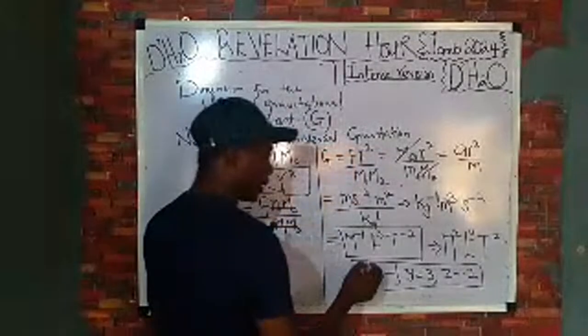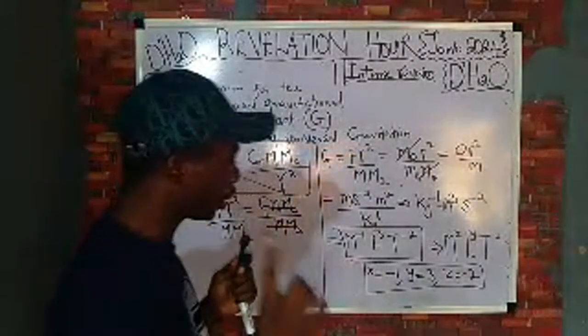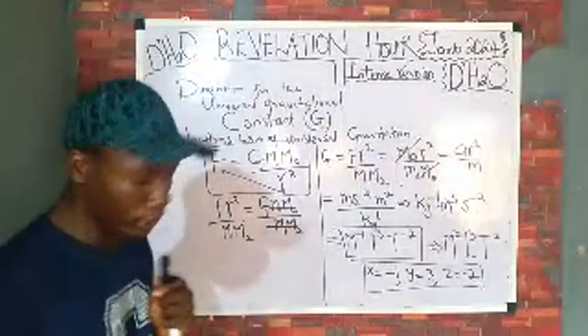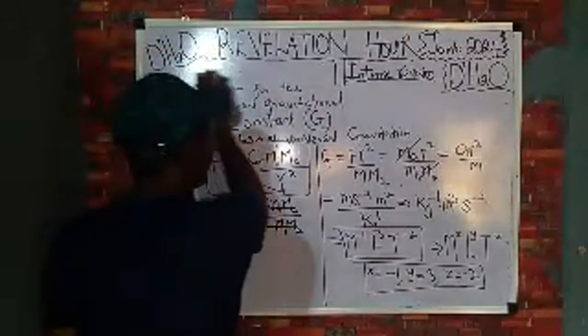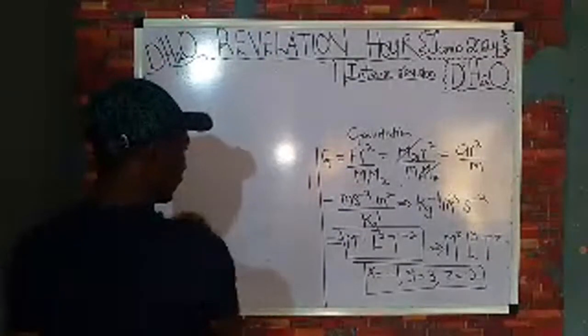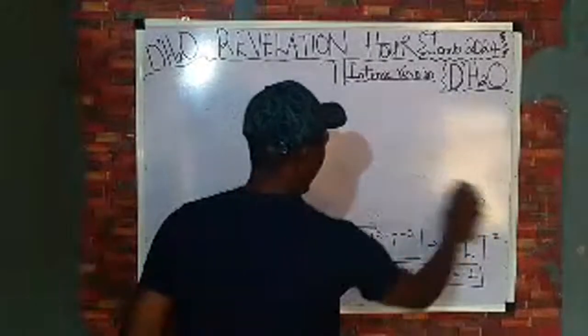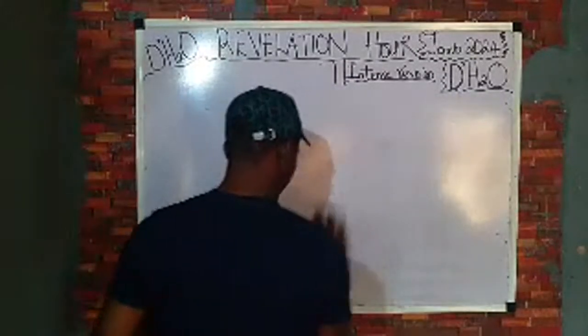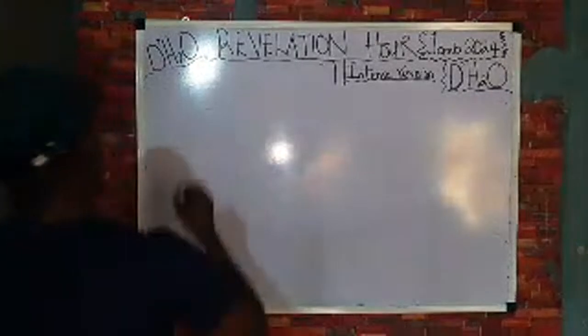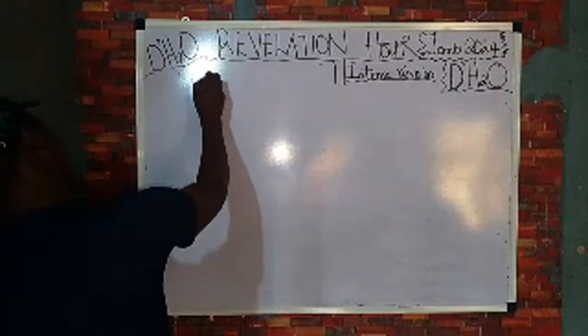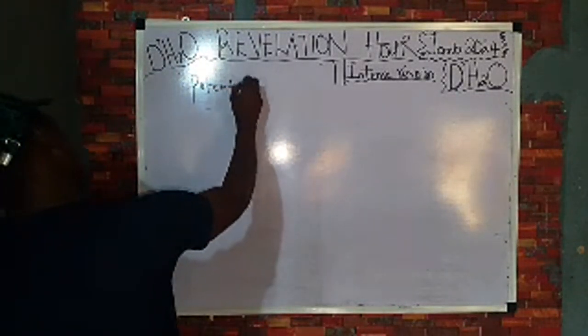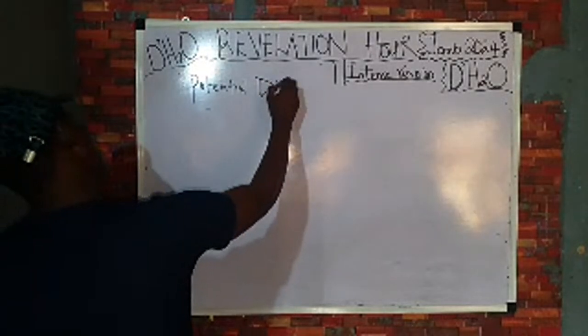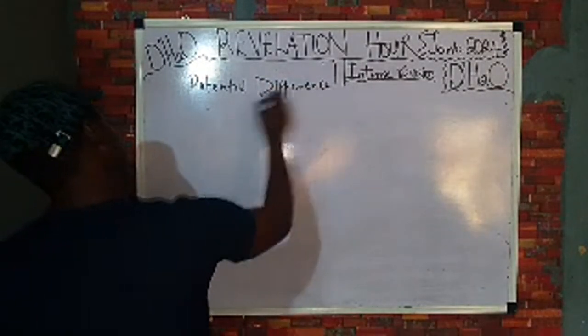Please write it down. Okay, I'm going to take just one more, which is our potential difference. Now, one more. What is the dimension for potential difference? What is the dimension for potential difference?